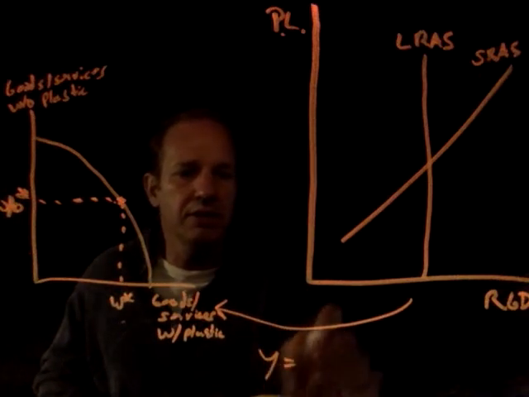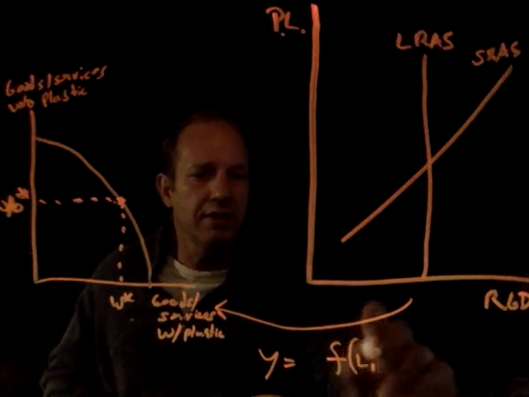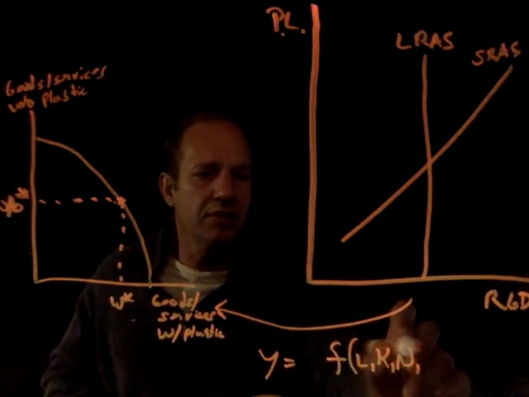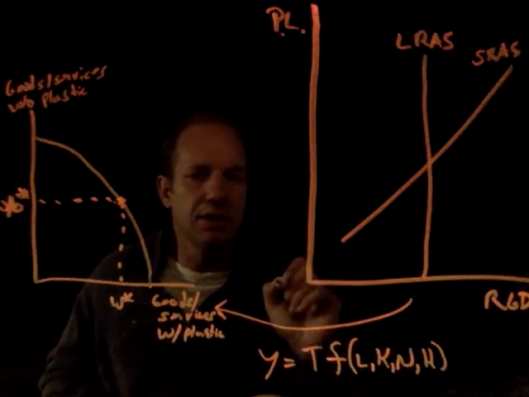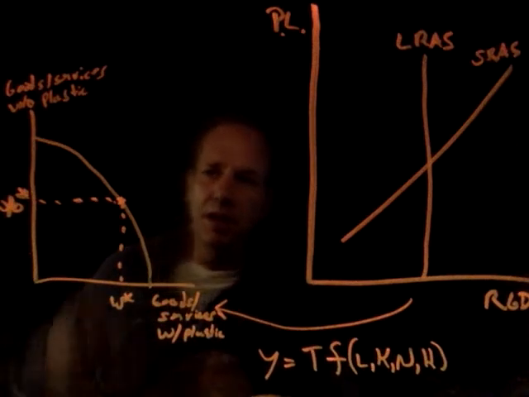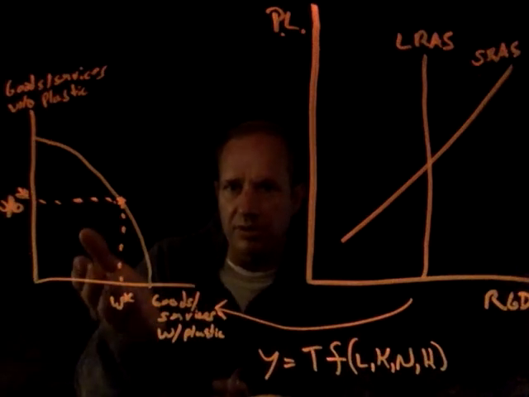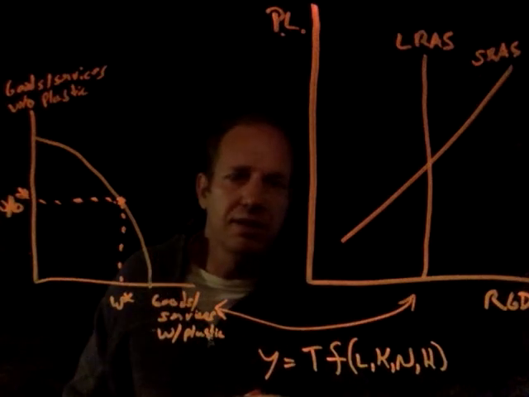Output is a function of labor, capital, natural resources, and human capital, all improved by technology. That's what determines how much we can produce when we talk about our production possibilities curve. That's still how much we can produce as an economy.